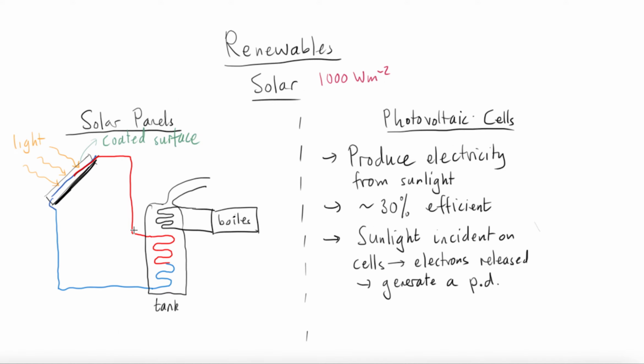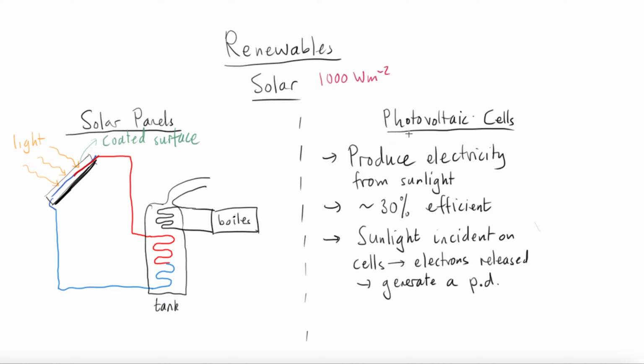In terms of the renewables, one very much up and coming is solar. Traditionally, solar panels would have used light energy arriving on a black surface, which would heat up the black surface and then heat up water pipes, pumping them around the system, and you could then store the heat energy in a boiler tank.